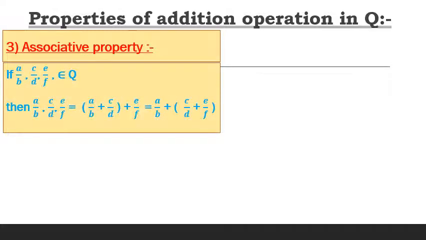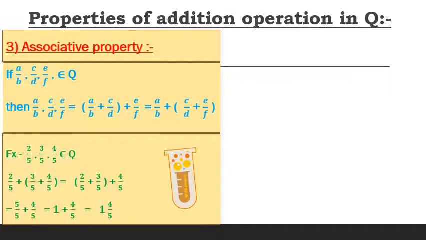If A over B, C over D and E over F belong to Q, then with grouping in brackets, A over B plus C over D, plus E over F equals A over B plus, with grouping in brackets, C over D plus E over F.